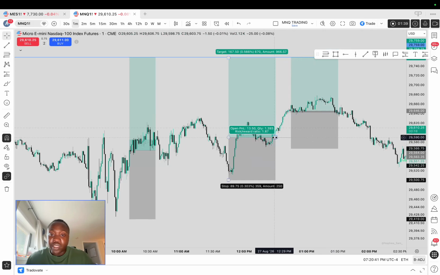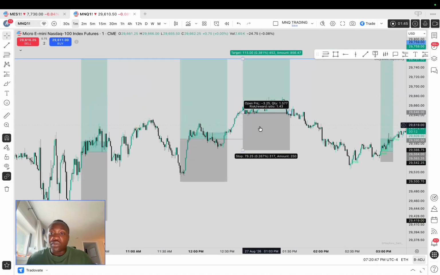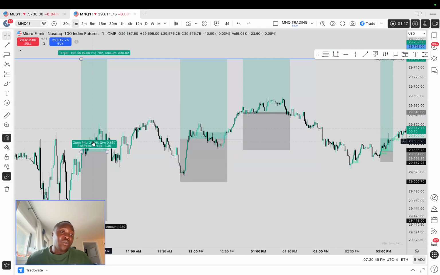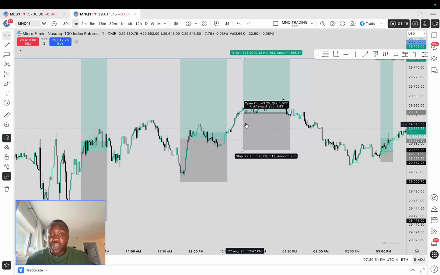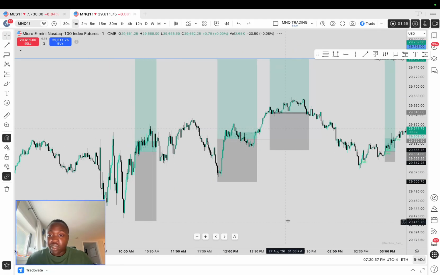At this point my risk to reward was looking at a 1 to 4 from a 1 to 1.36, right? But eventually, market said no, and I ended up getting stopped out, and that was a loss.